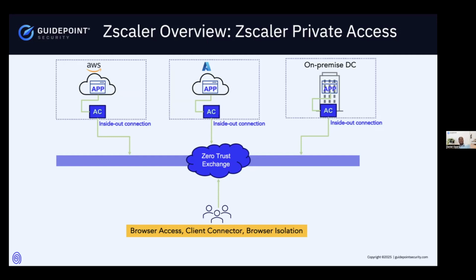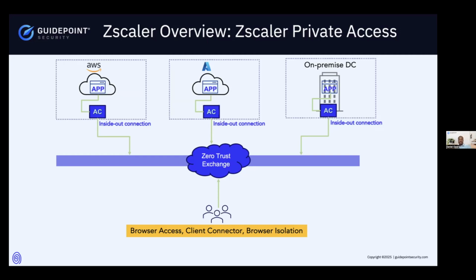Now look at three key components that enable users to access internal applications. They are the client connectors, the Zero Trust Exchange platform, and the app connectors. The client connector is a lightweight application installed on the user endpoint, and it enforces security policies and access controls on the user's device, regardless of location or application.